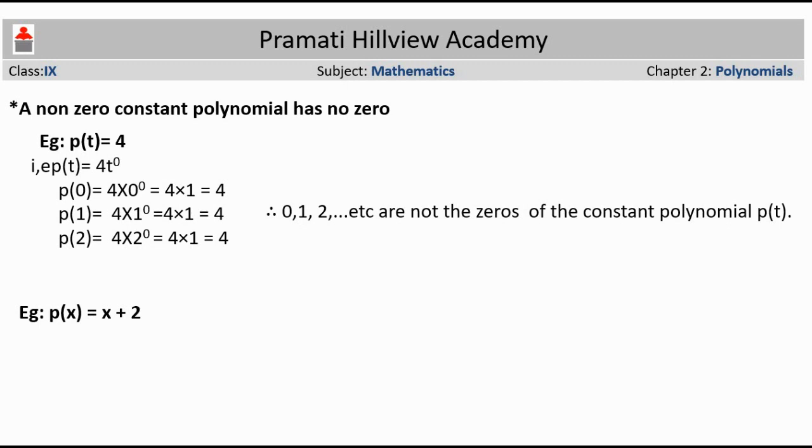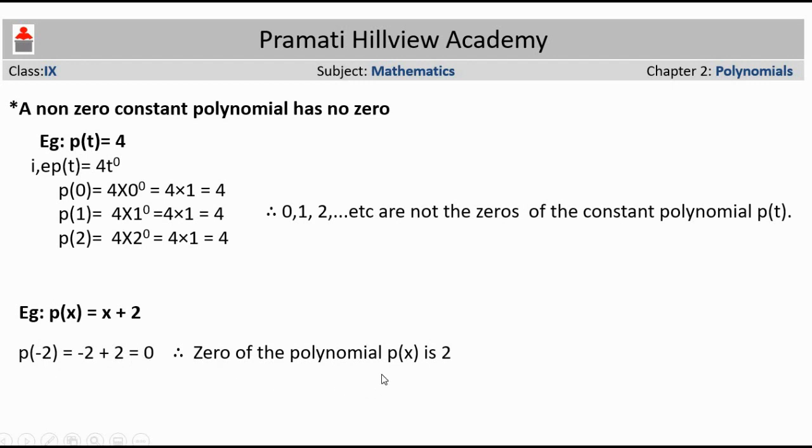Let's consider the polynomial p of x equals x plus 2. Here, x plus 2 is a polynomial in one variable and of degree 1, that is, a linear polynomial. When x becomes minus 2, p of minus 2 equals minus 2 plus 2, which equals 0.